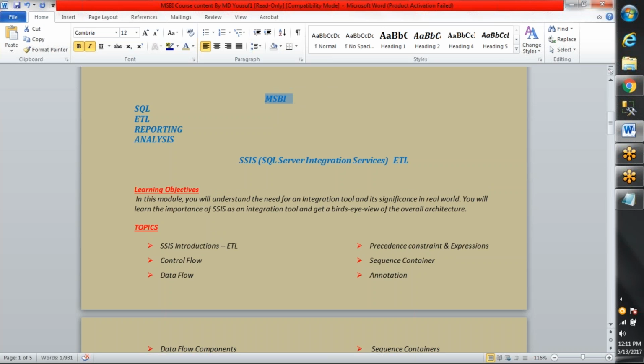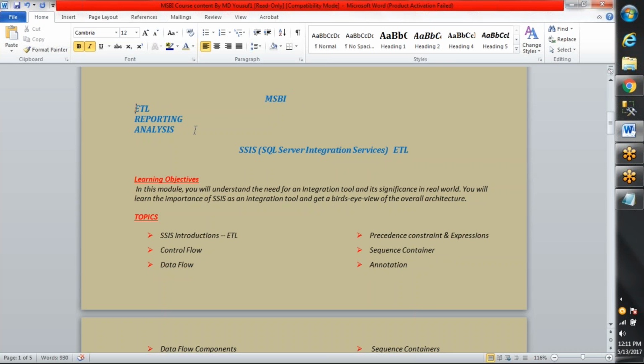So MSBI is a name given to these three modules, guys: ETL, reporting, and analysis. You can consider MSBI an umbrella inside which all of these three different skills can be accomplished.